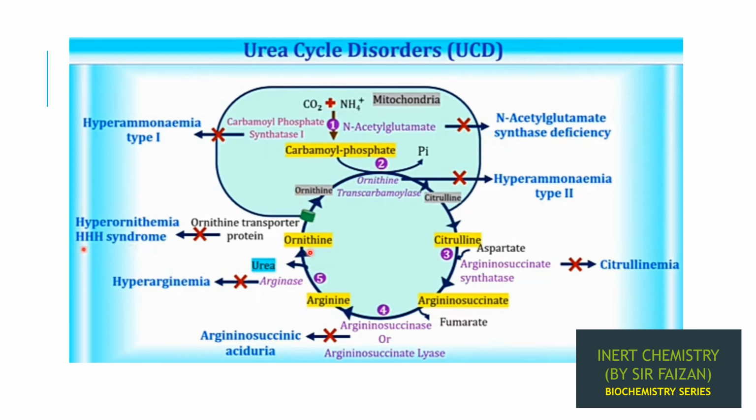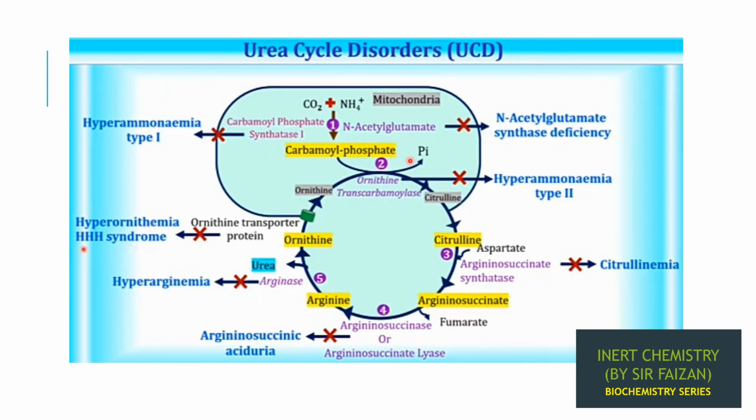For the movement of ornithine from the cytosol to the mitochondria, there is an ornithine transporter protein. If this ornithine transporter protein is defective, it leads to hyperornithemia, also called HHH syndrome.